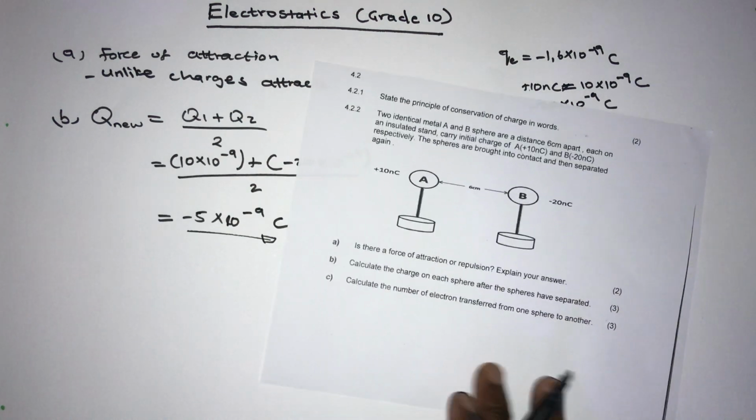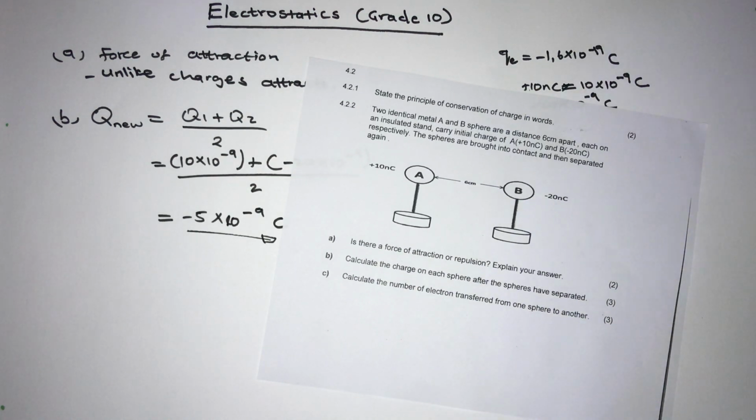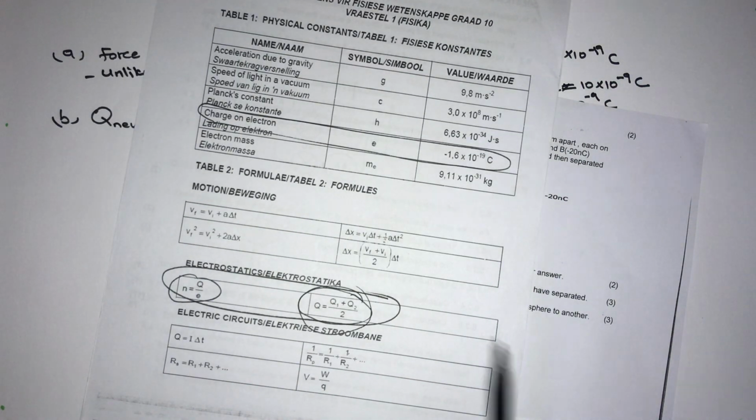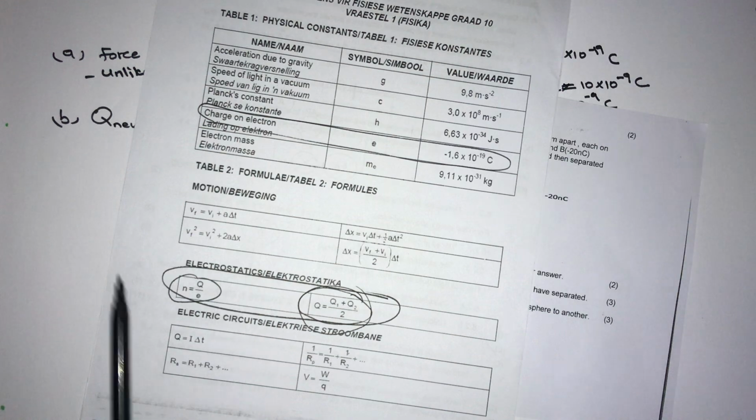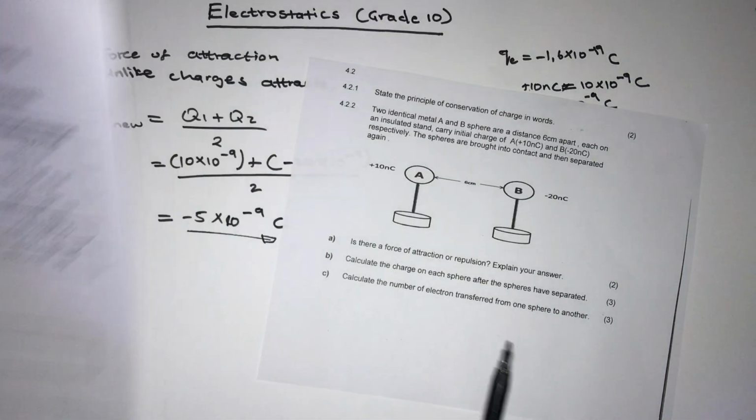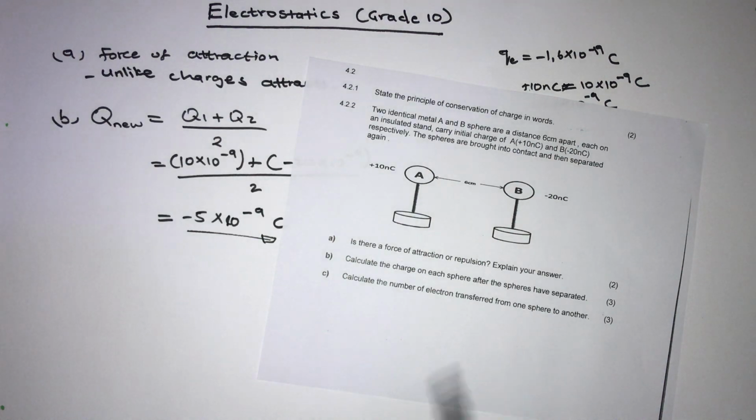So question C, we calculated the number of electrons transferred from one sphere to another. So we go back to our formula sheet. Check under electrostatics, we only have 2 formulas, the new charge and the electron. Now the question said we must calculate the number of electrons transferred.